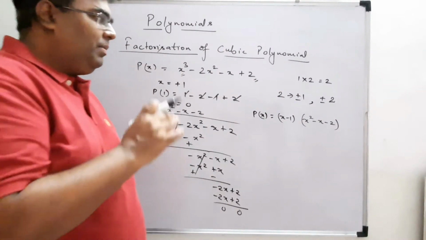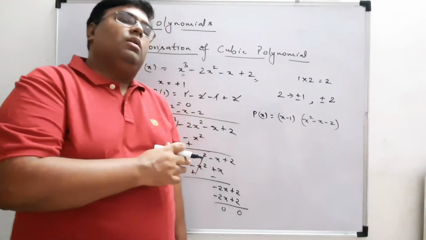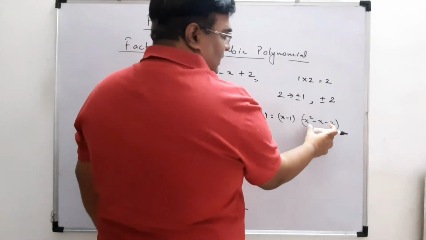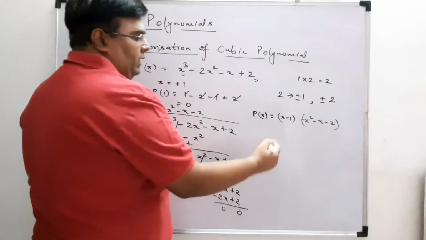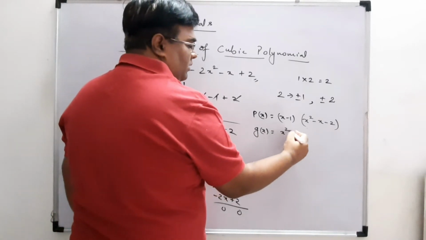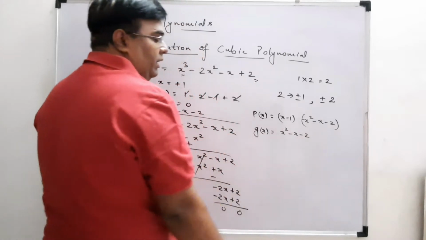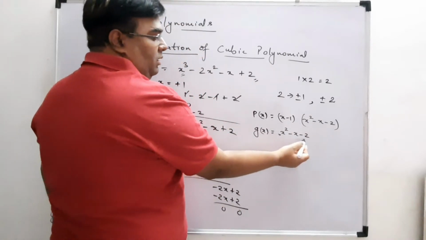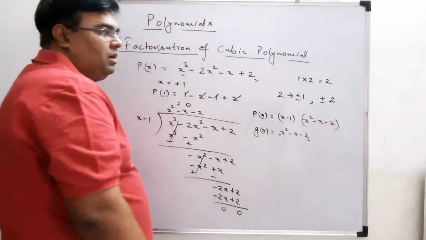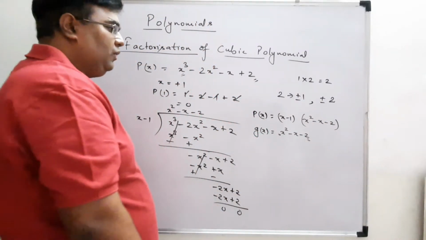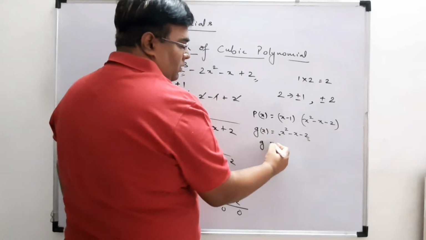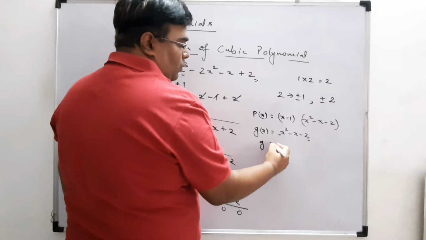You can apply the same method to a quadratic polynomial also. Suppose we want to factorize this. Let us take g(x) as x square minus x minus 2. Again here my coefficient is 1 and the constant is 2, so again the factors are plus and minus 1.